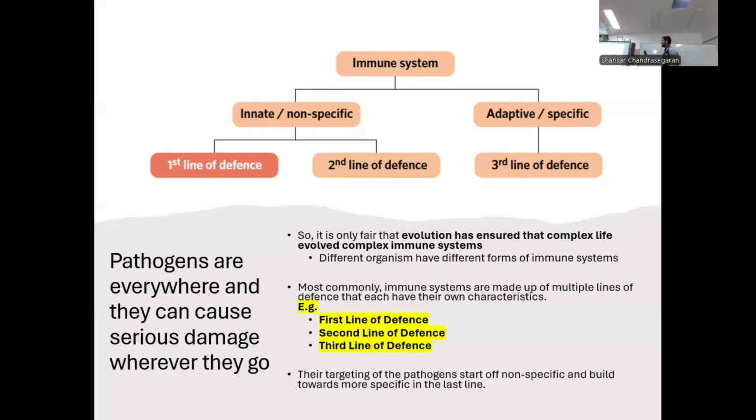Since that pathogen is able to get past even the second line of defense, your body starts to break out a specific response towards that pathogen that is able to circumvent the immune system, by doing an adaptive immune response, which is specific to the organism itself. So, like I said, the targeting of the pathogens starts off non-specific and will build towards more specific at the last line of defense.